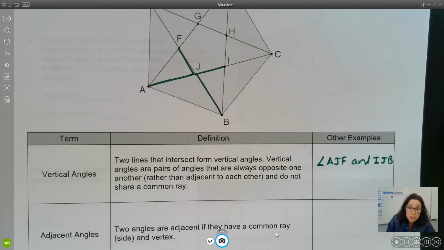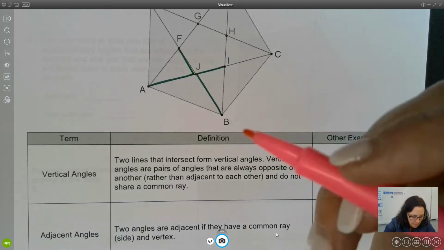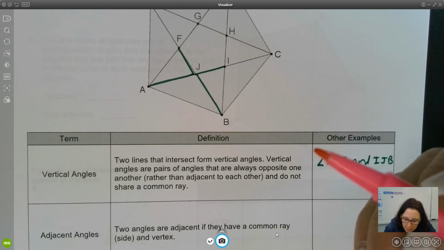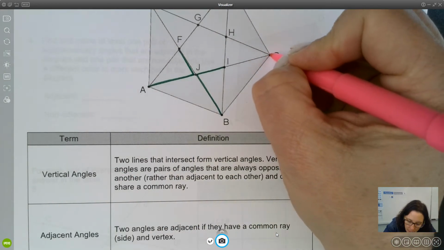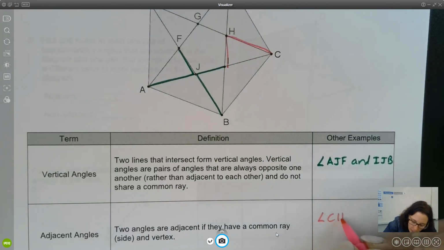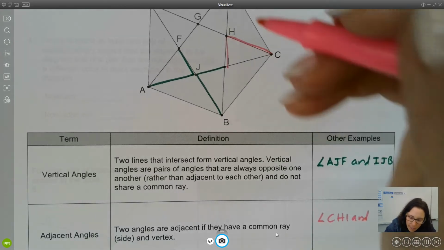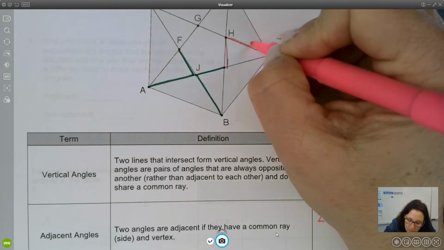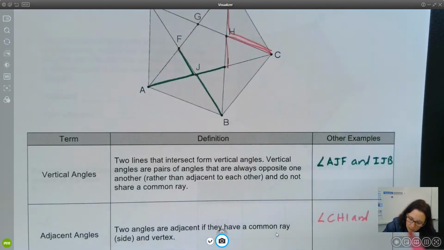All right, adjacent angles. Let me switch colors on this one. It says two angles are adjacent if they have a common ray, side, and vertex. Okay, so let's look at angle CHI and angle CHD.